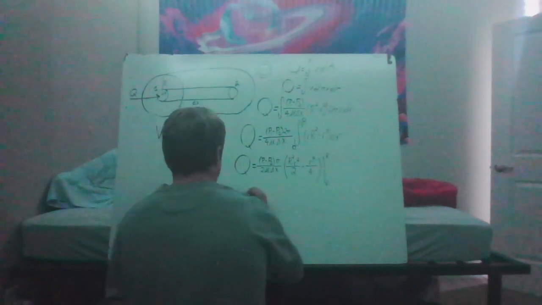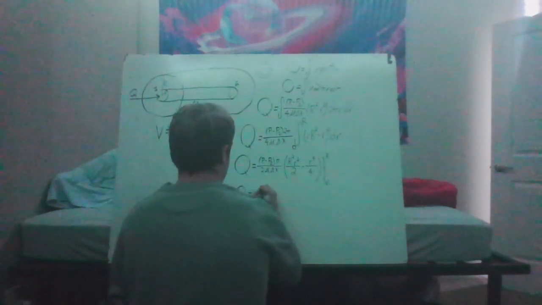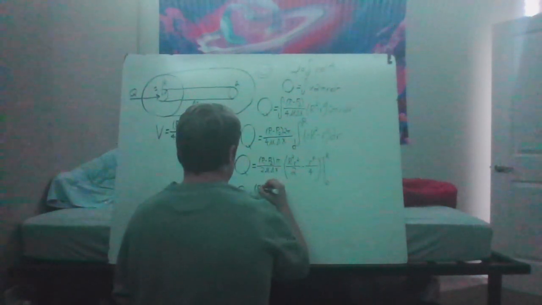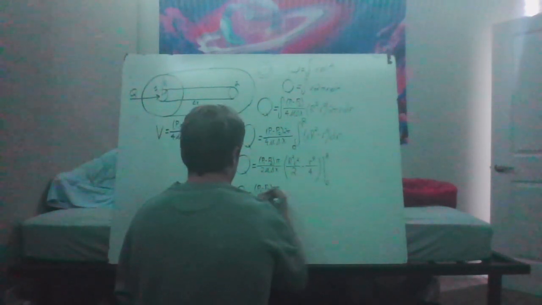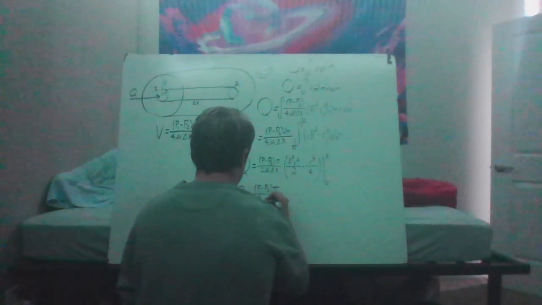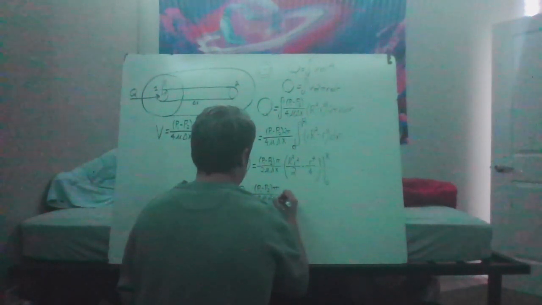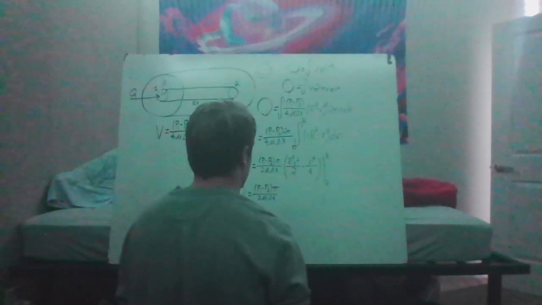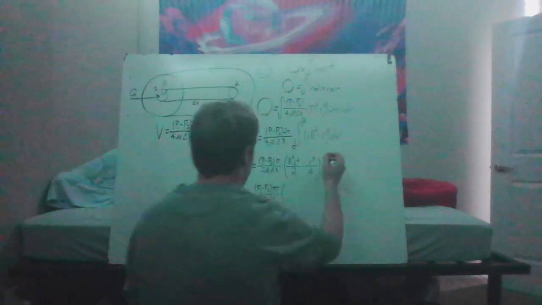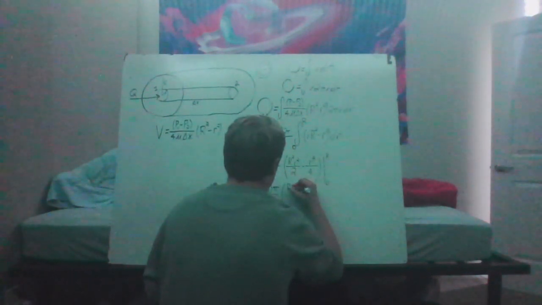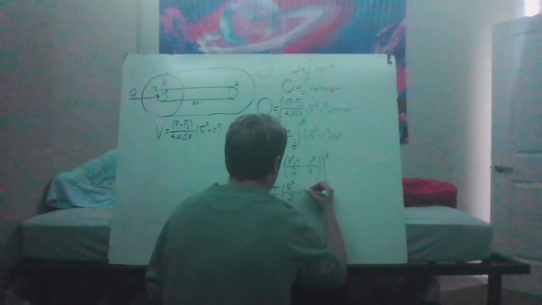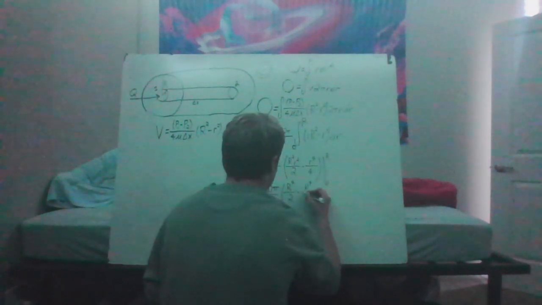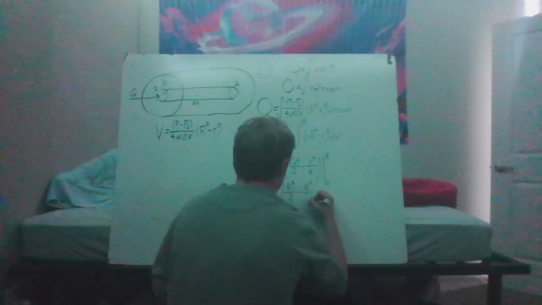So now when we plug that in, again, constants stay the same. Delta x, we will just have big R to the fourth over 2 minus big R to the fourth over 4.